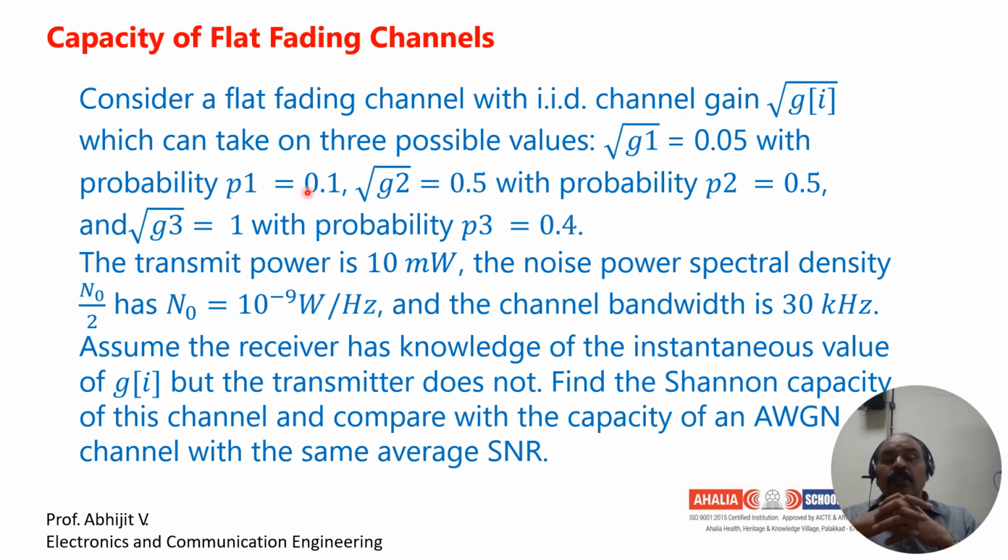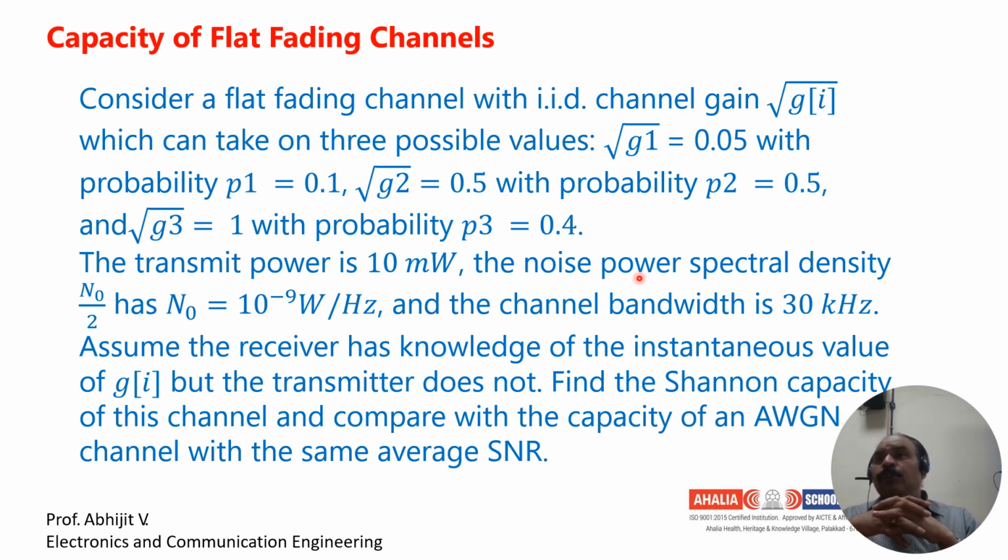Root G1 is 0.05, the probability P1 is given as 0.1, for root G2 0.5, P2 is given as 0.5, for root G3 we have P3 to be 0.4.